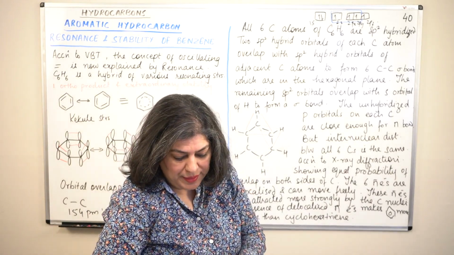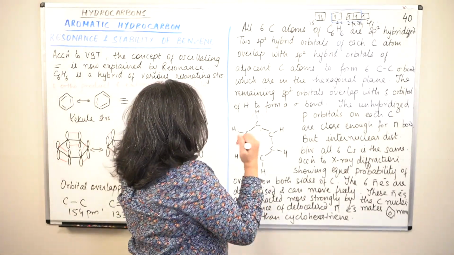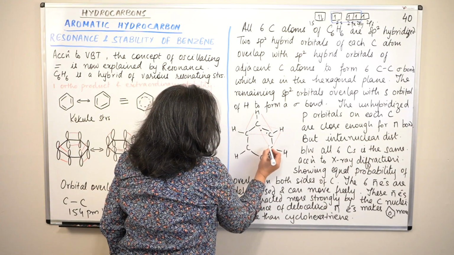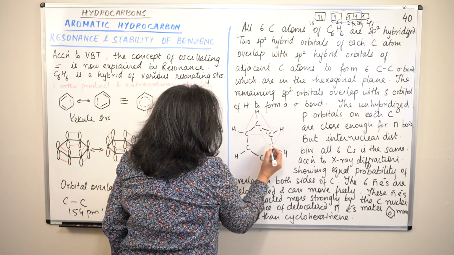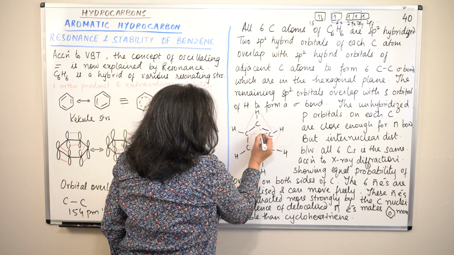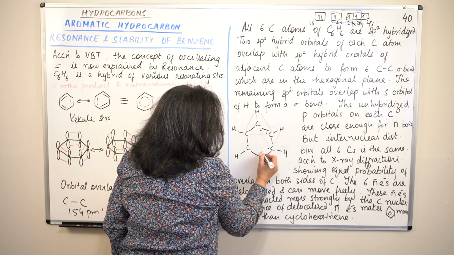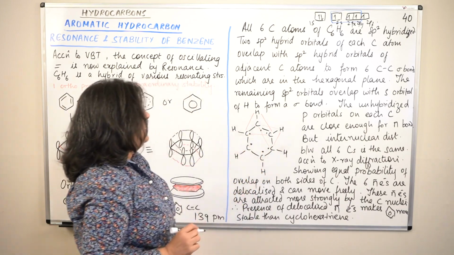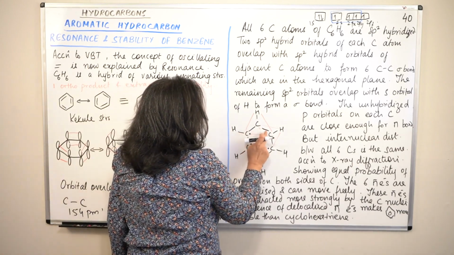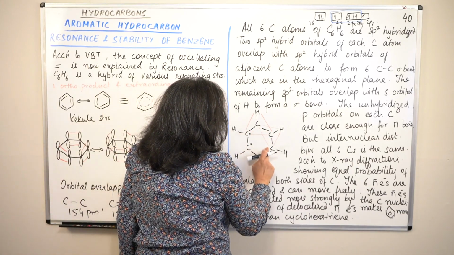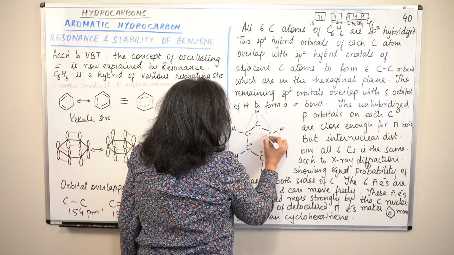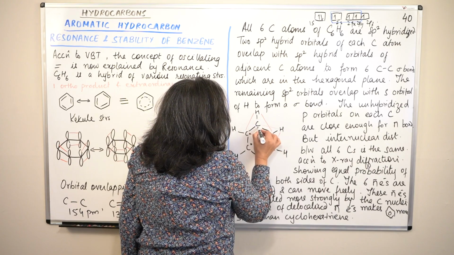Each carbon is left with 1 electron. So the 2 electrons between this carbon and this carbon, this carbon and this carbon. Each carbon has one. Every carbon has 1 unhybridized p orbital electron.